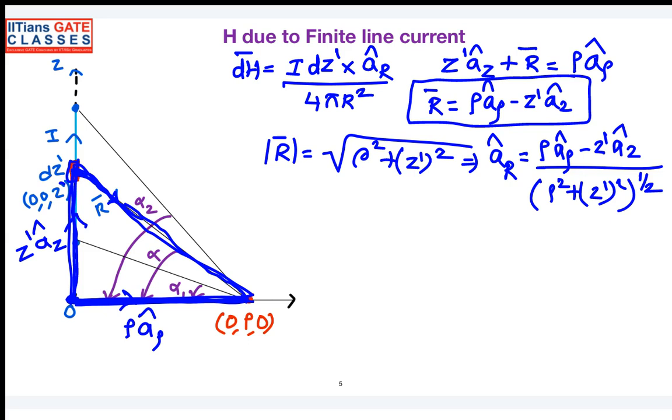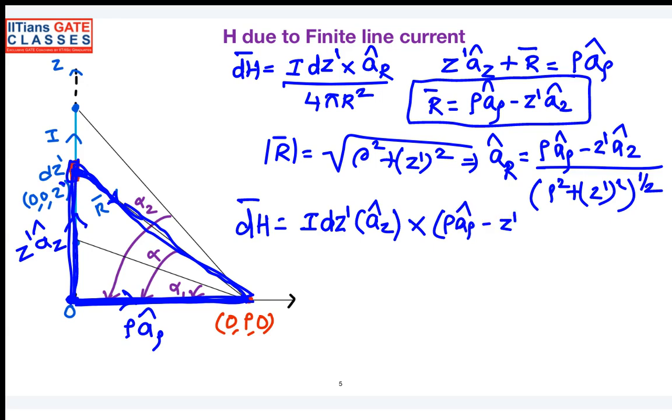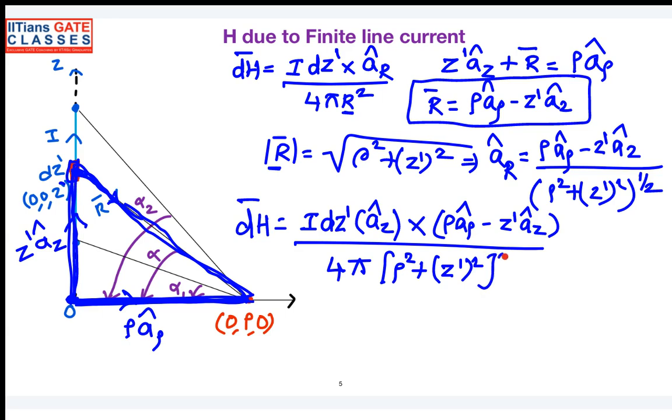So the differential magnetic field is I into dz prime, in the a_z direction, cross product with a_r cap, which I can directly substitute: rho a_rho cap minus z prime a_z cap divided by 4 pi. In a_r cap also, in the denominator one r is there, and this r square is there, so in total we have r cube, which will be rho square plus z prime whole square whole power 3 by 2.